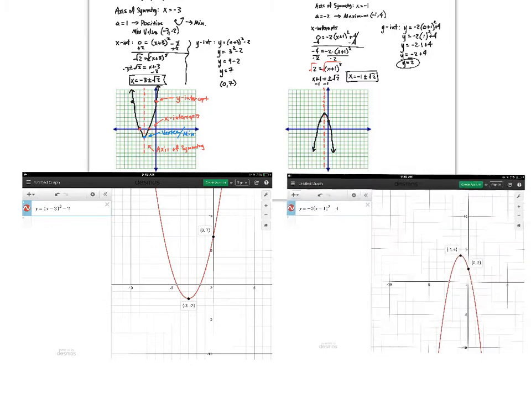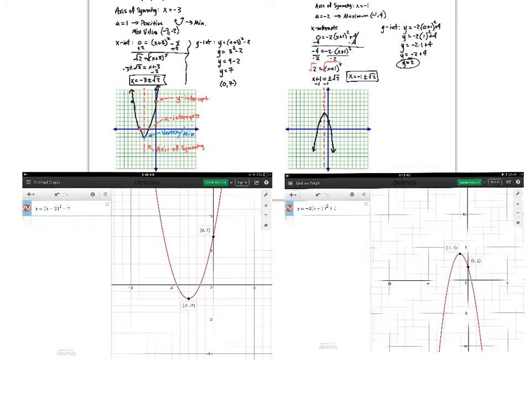So on this first one, notice that we have a minimum at -3, -2. Okay, that's what we had. That's what we get when we graph it. See how nice and neat that looks? Mine looks terrible. But then look at the y-intercept at 0, 7. Some of those points are really important for us to graph. Same thing over here.